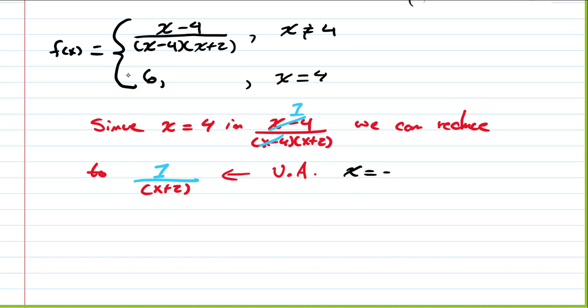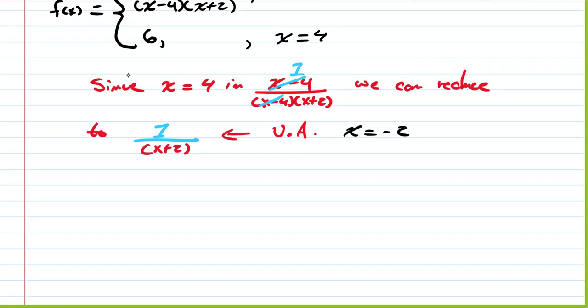It's going to be at x equals -2. So then if we take the limit as x approaches -2 from the left, we're going to have a positive divided by a -0. And a positive divided by a negative is going to give us a negative. So we get -infinity.